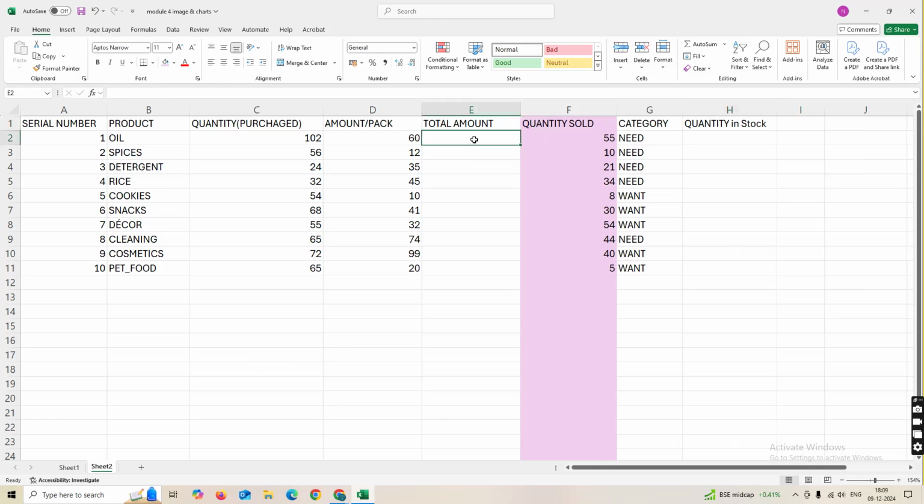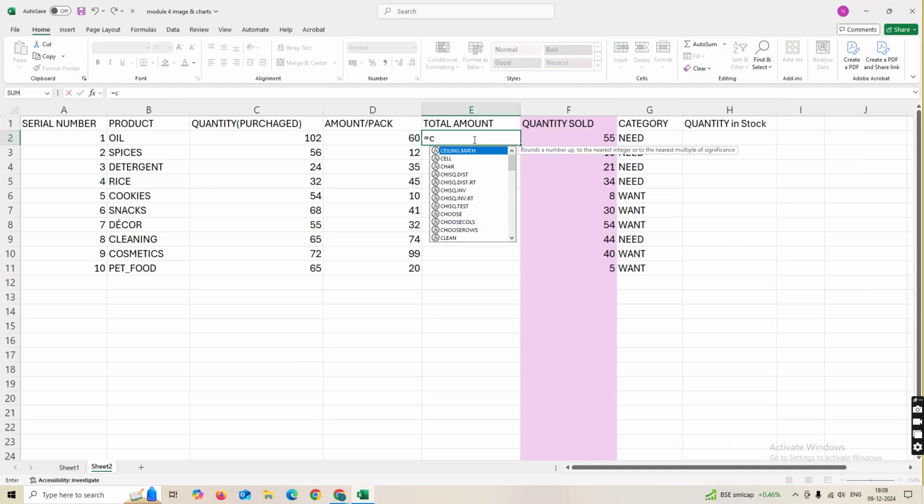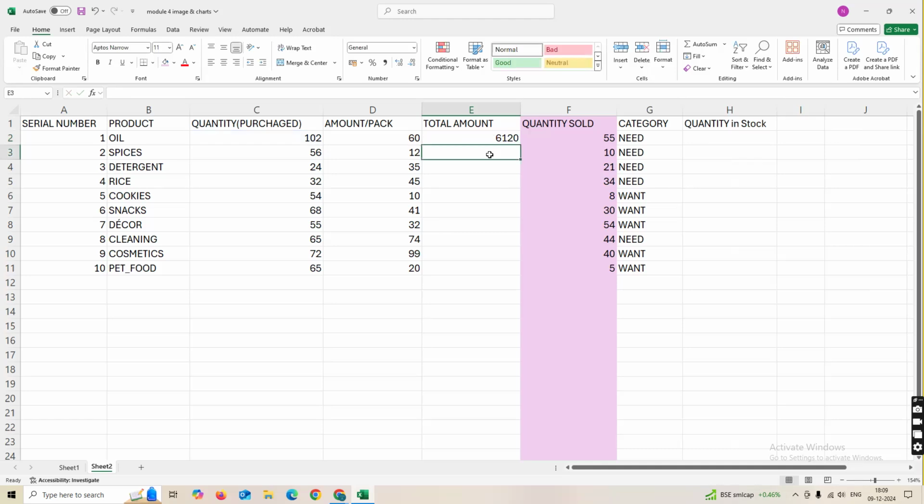Okay, I need to do that. How will I calculate, ma'am? Any idea about the formula? For total amount, it will be C2 multiplied by D2. So equals C2 multiplied by D2.